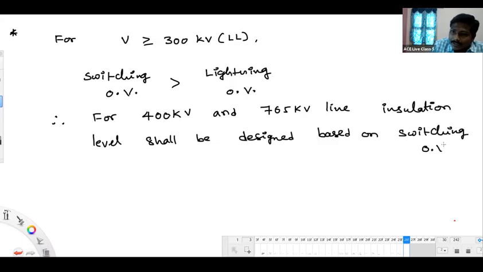Why is this so? The simple reason is switching over voltage will dominate the lightning over voltage, and we have to select one among these two, whichever is higher. That's why I am selecting the switching over voltage for this.